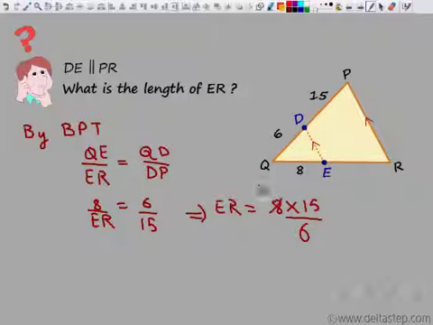So 2 fours are, 3 fours are... 3 5s are, I get ER as 20. So ER would be 20. So that's how you can use BPT to solve this.